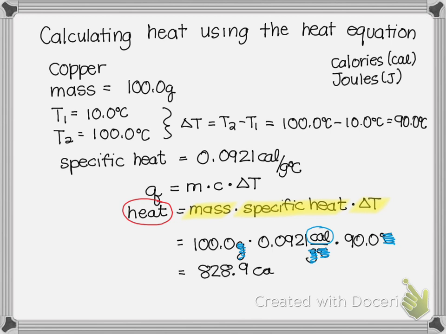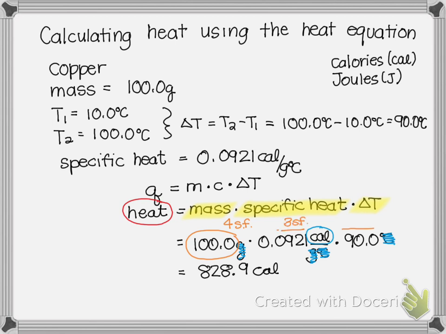And I get 828.9 calories. Now, looking back, if I want to consider significant figures, this number has 4 significant figures. I don't normally look at constants, but I do think this one is rounded. It only has 3 significant figures.